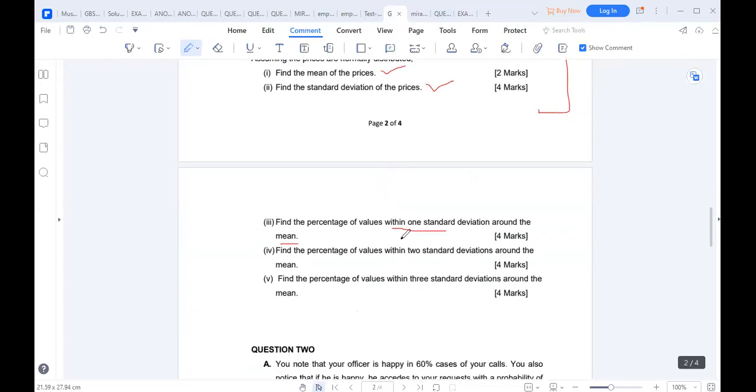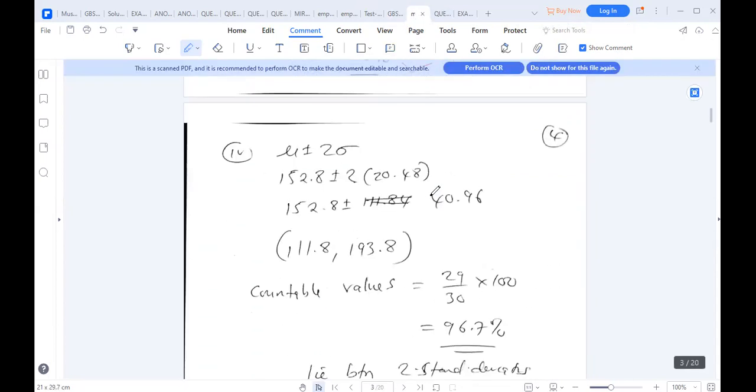Then what percentage of values will lie within two standard deviations around the mean? So for two standard deviations, we get the same mean plus minus two standard deviations. Two times 20.48 is 40.96. So within this, we're going to find 111 for the lower bound and 193 for the upper bound.